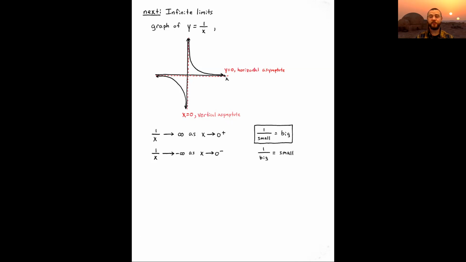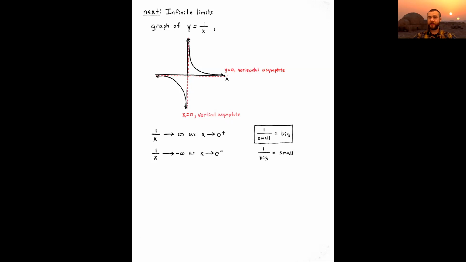As you let x approach 0 from either side, close to 0 are small values for x, either small positive numbers or small negative numbers. So as we approach 0 from the right, x is a very small number, and 1 over x, 1 over a very small number, is very big. That's confirming why the function values shoot up towards infinity or down towards negative infinity.